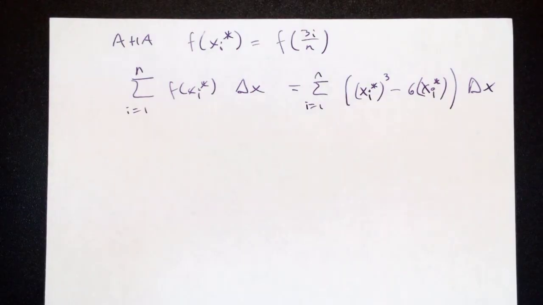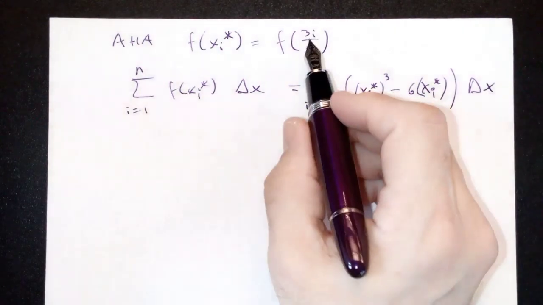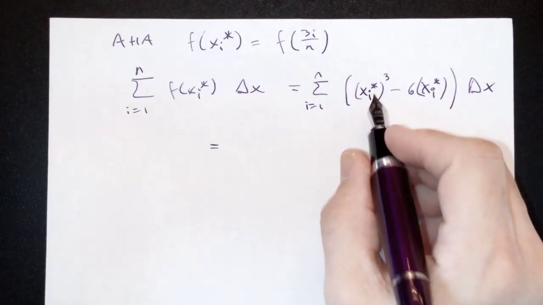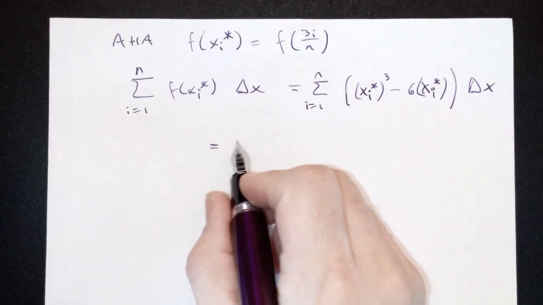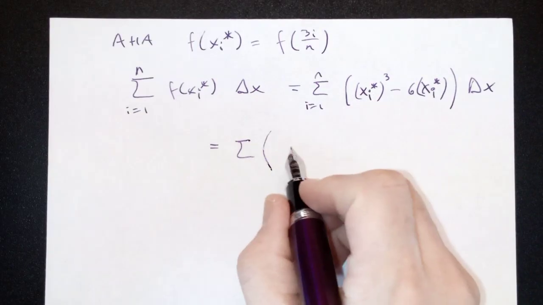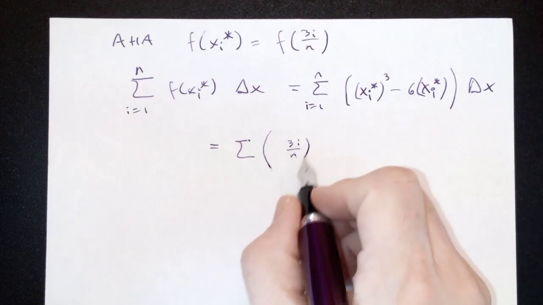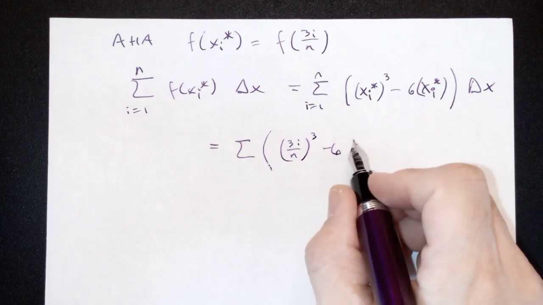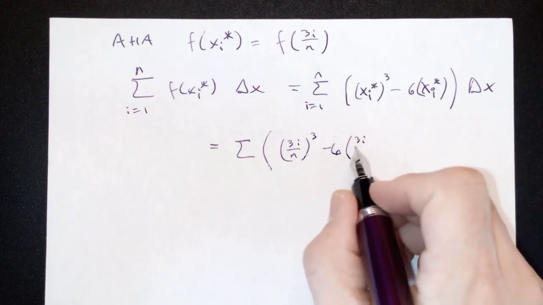Okay. Xi star is this thing. So this becomes 3i over n, all cubed, minus 6 times 3i over n.